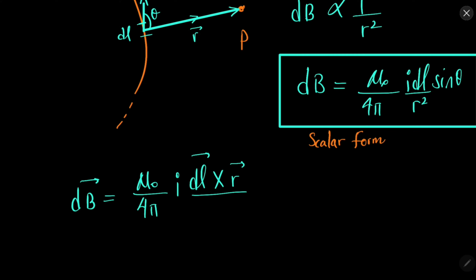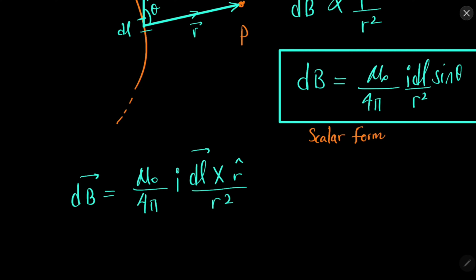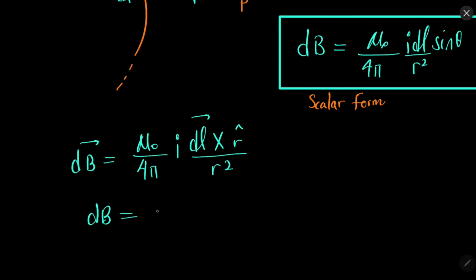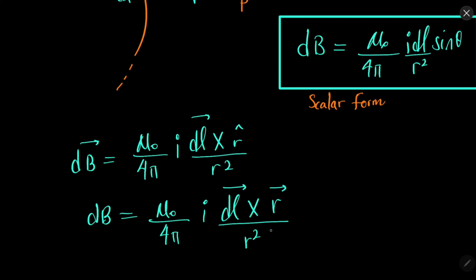cross r over r cube, because let's take r cap here. At the place of r cap, r cap shows the direction, so at the place of r cap we can use r vector over magnitude of r, that is, it will become r cube.